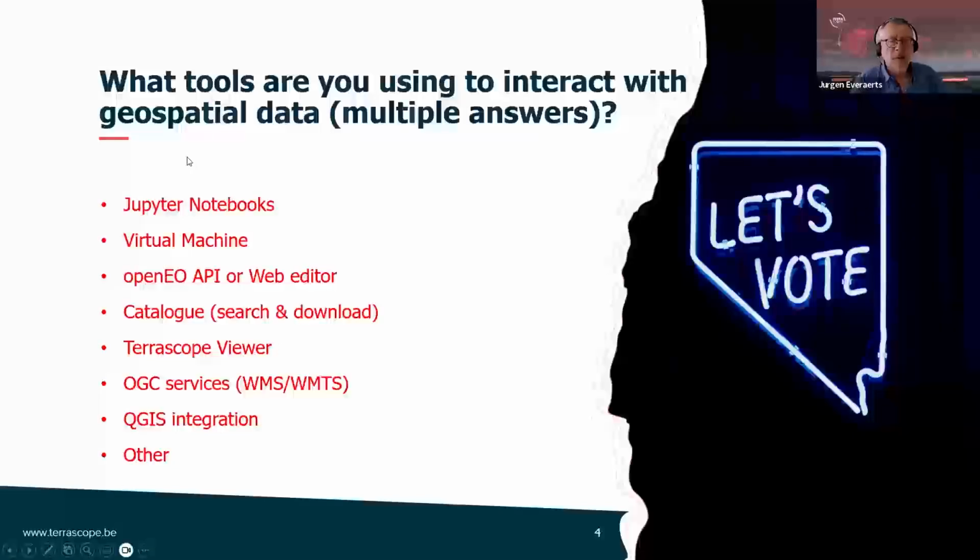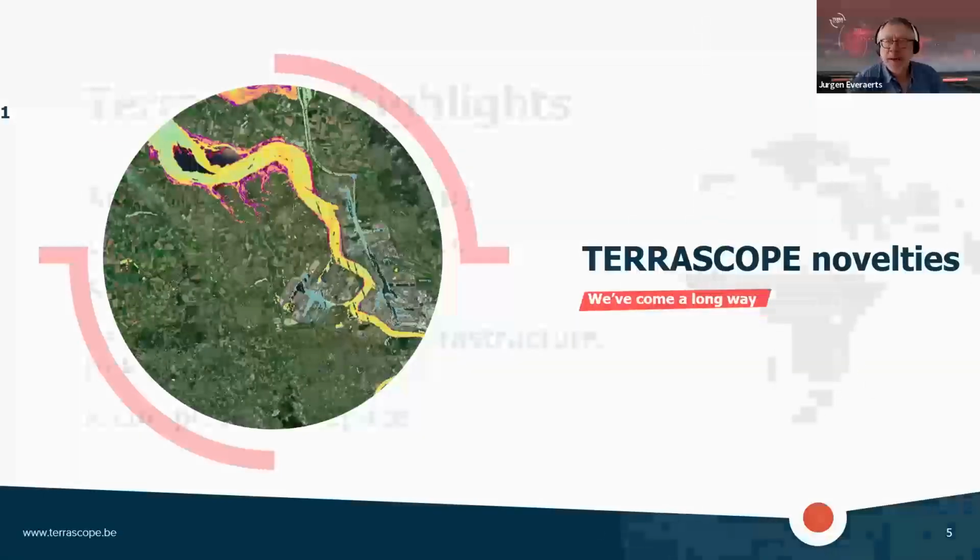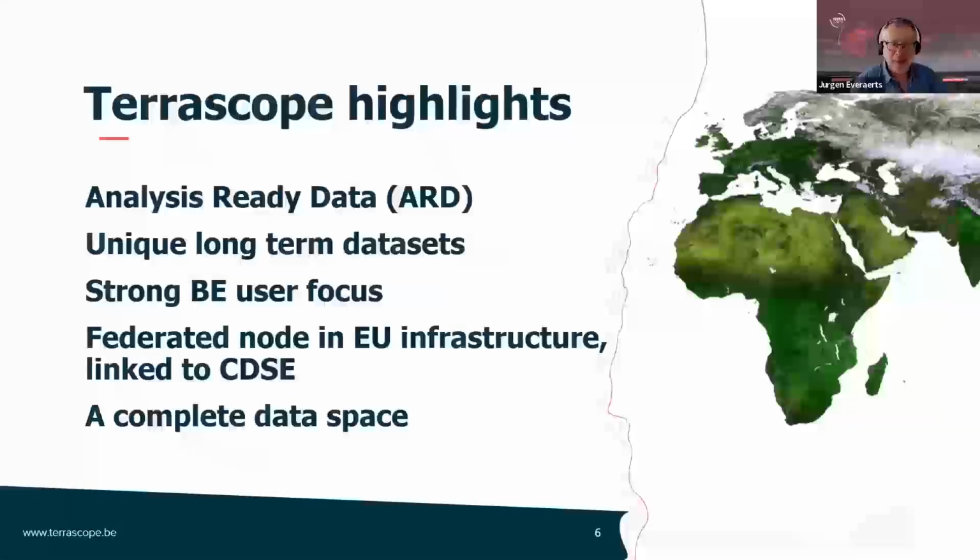Okay, so the first part is about Terrascope. We've been working on Terrascope since 2017, and we must say we've come a long way. Highlights of Terrascope are that we concentrate on providing analysis-ready data.